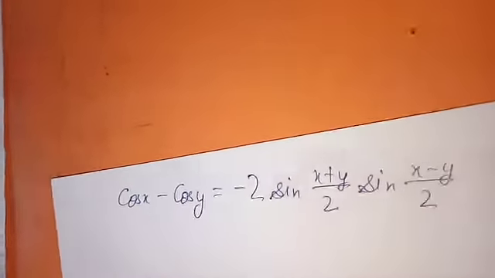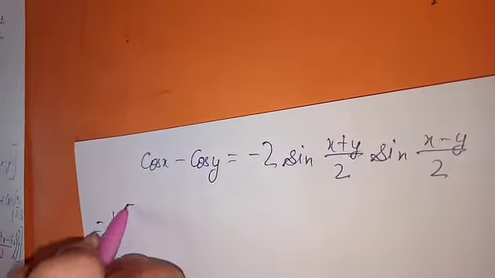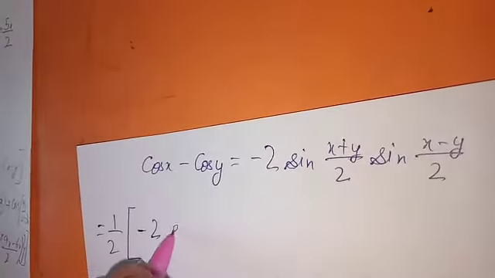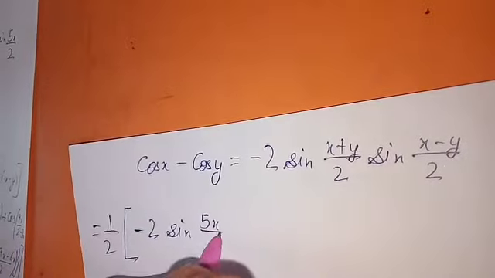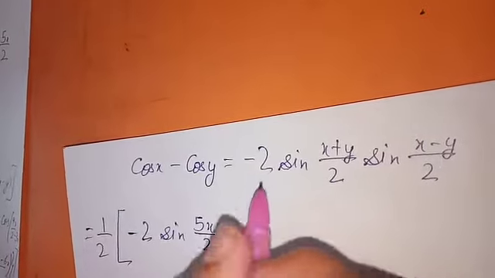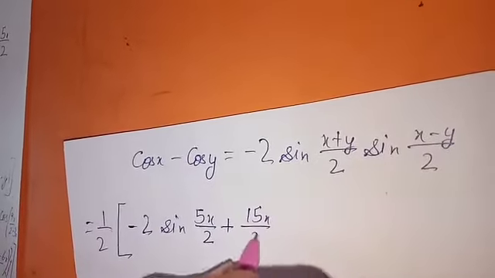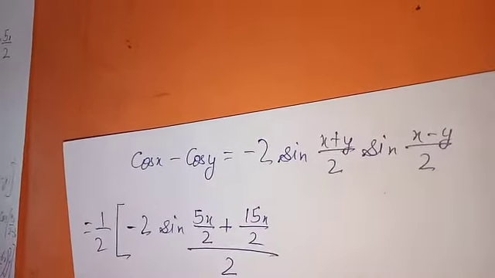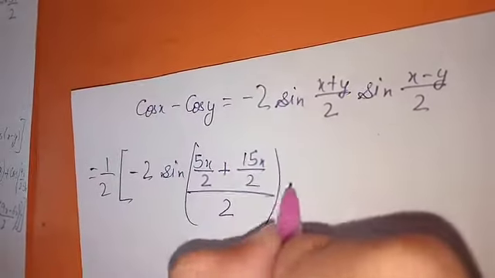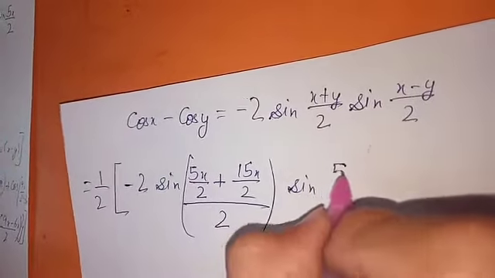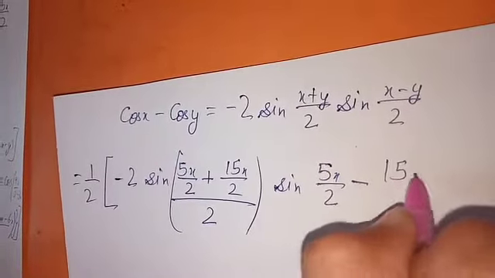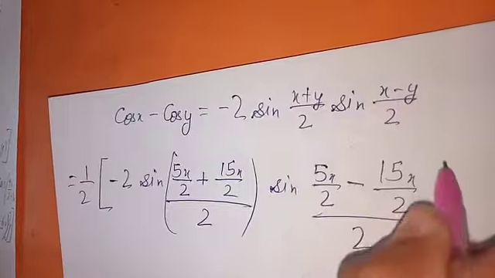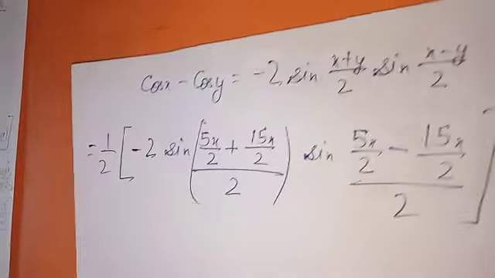Okay, so what we'll get, 1 by 2 minus 2 sin of, what is our x, 5x by 2, 5x by 2 plus y is 15x by 2, whole divided by 2, into sin of 5x by 2 minus 15x by 2, whole divided by 2. Understood?